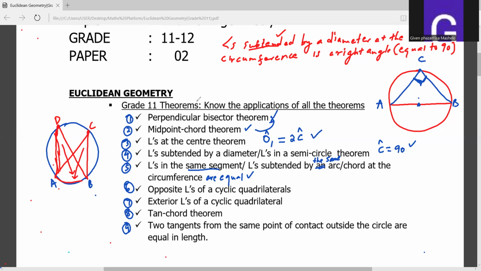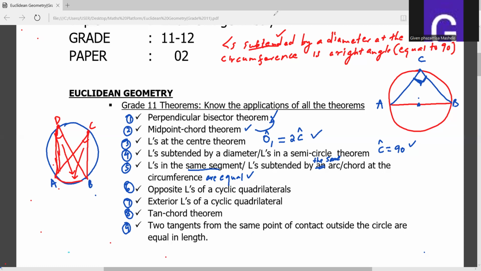According to this theorem, if you have an arc which is subtending two angles at the circumference, those angles are actually equal. Angle C equals angle D. The reason is that the angles in the same segment, or angles subtended by an arc AB at the circumference, are equal. So you need to know this, guys.